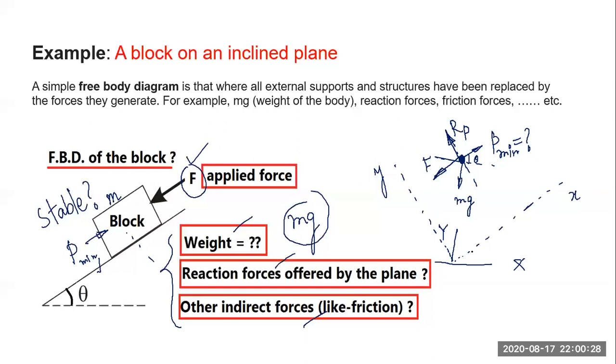So already this angle was theta. So the entire xy coordinate has been rotated by an angle. Is it clear? So this angle is theta here, this is also theta.